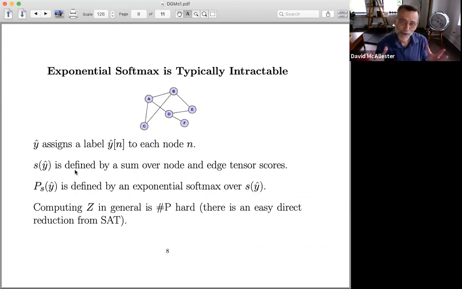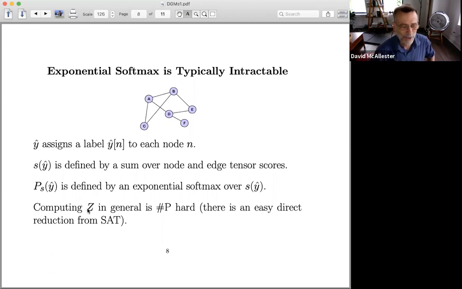For a general graph, this problem is easily proved to be intractable. This probability is defined by an exponential softmax over the scores, and it's easy to prove that computing the normalization constant of that softmax is #P-hard. Remember, the probability under softmax is 1 over Z times e to the score.